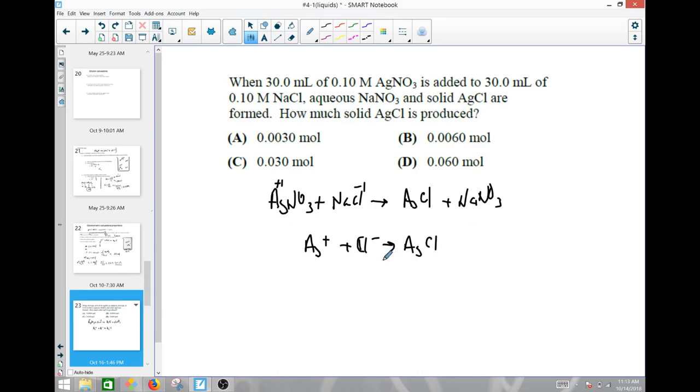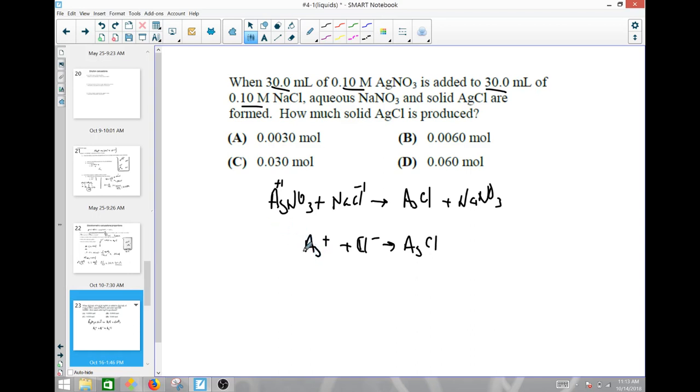So it's a 1-to-1 ratio. That's important. Now I have equal volumes, 30 milliliters, 30 milliliters, and 0.1 molar and 0.1 molar. So they're both going to run out at exactly the same time.